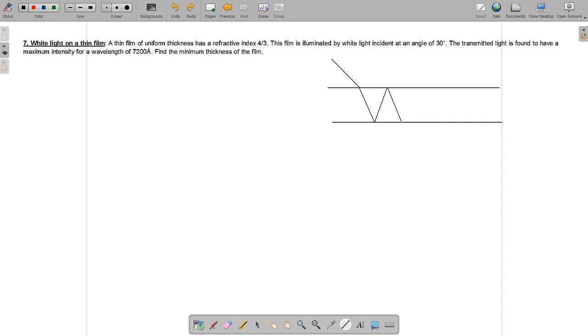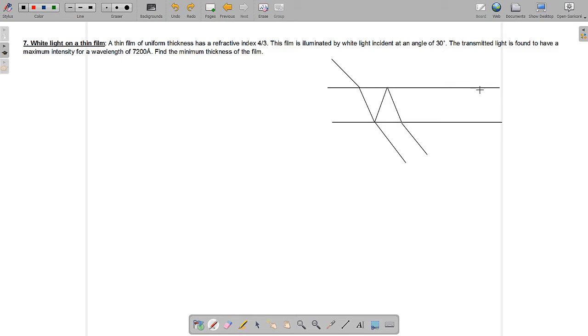So both these waves, when they emerge out, they will travel parallel, and we have to analyze what this transmitted white light will be like.